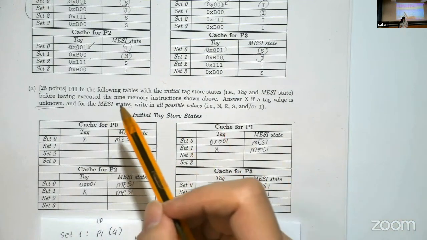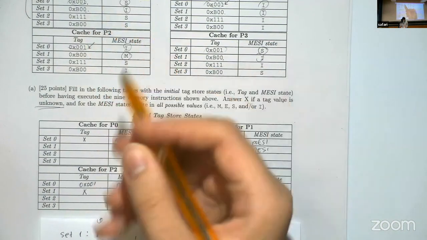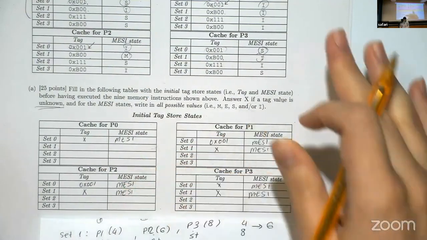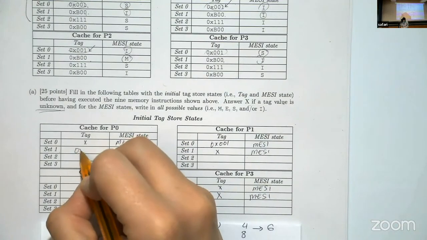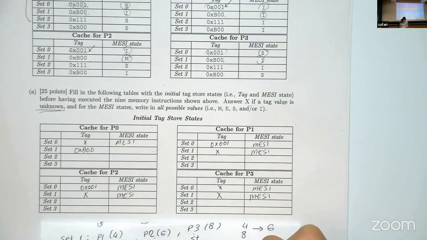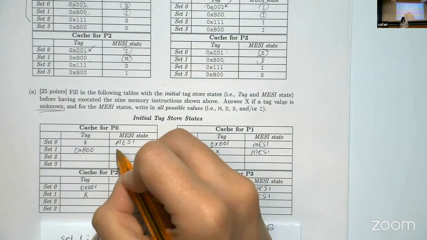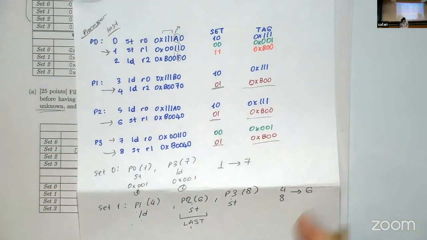Yes, that's correct. And what about the state? It could be anything because it would have been invalidated. That's correct. Okay, so let's do the same for set 2.